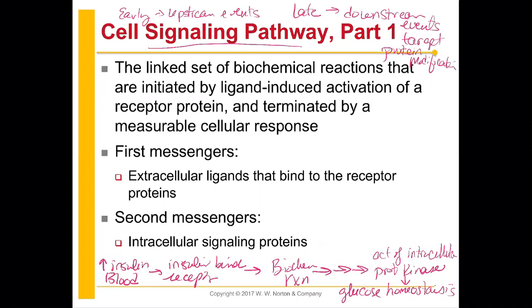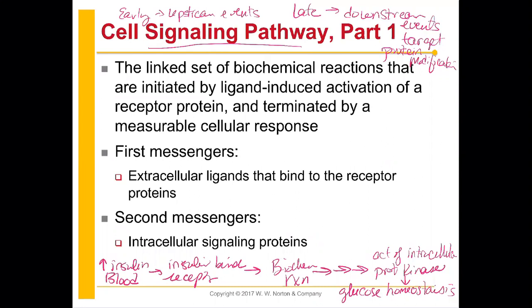Right? So in the upstream events, we have first messengers. These are extracellular ligands that are going to bind to our receptor proteins. Then the next wave is second messengers. Second messengers are intracellular only, right? So our ligands are going to be first messengers.